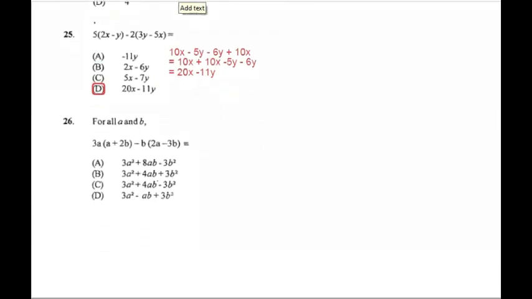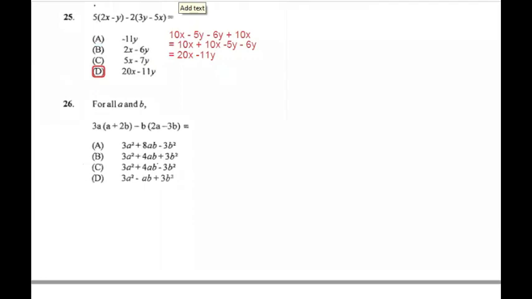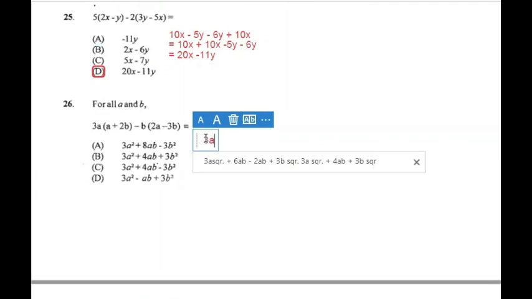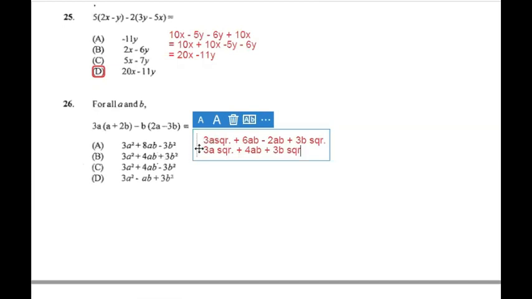26, for all a and b, so this equation. What we're doing is expanding then simplifying. So it is 3a multiplied by 3 to give us 3a squared, plus 3a multiplied by 2b to give us 6ab, and then negative b multiplied by 2a to give us negative 2ab, and then negative b multiplied by negative 3b to give us positive 3b squared.